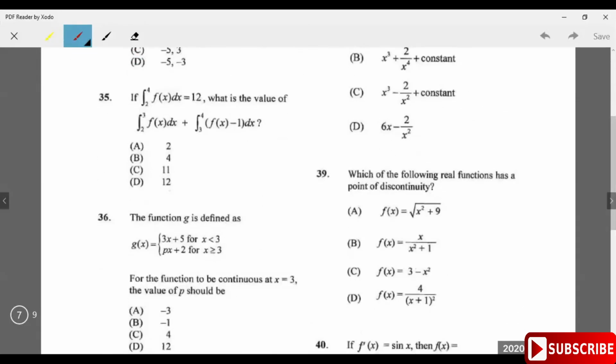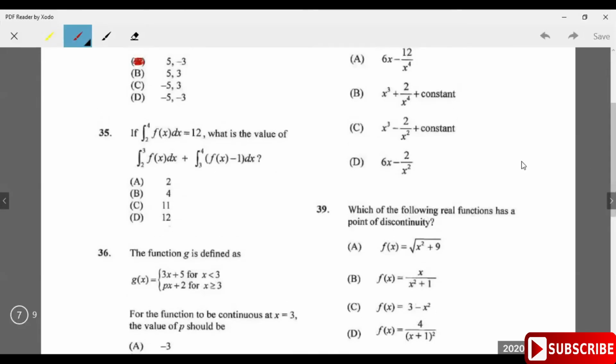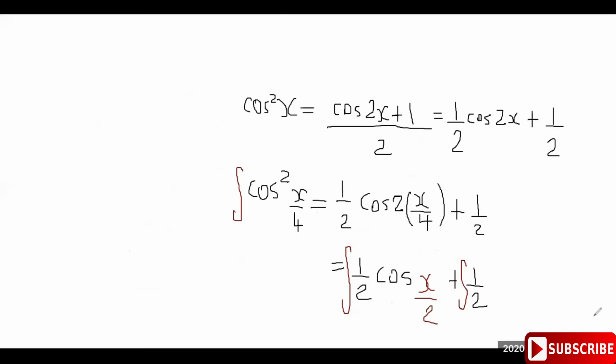All right, question 35. Question 35 gives us the integral of f of x from 2 to 4 and asks us to evaluate this integral. Now, before we do that question, I just want to clarify something.